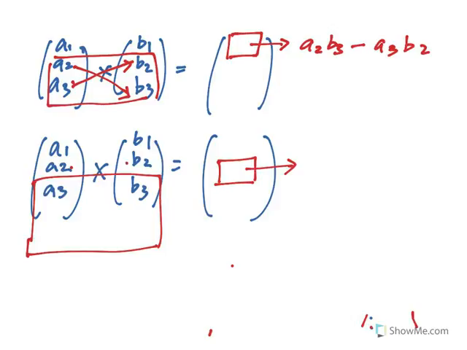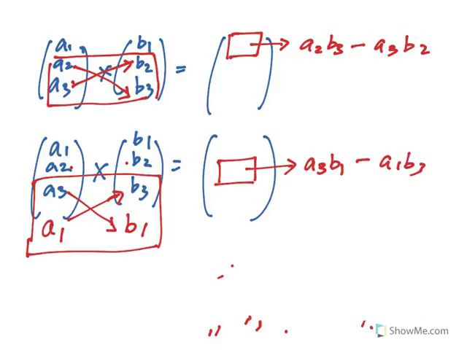So we know this is A2, B2, and then we take A3, B3. What's the row after that? Let's rewrite A1, B1 again. Now we take the cross again, from top left to bottom right, bottom left to top right. We have A3, B1 minus A1, B3. So it's very easy.